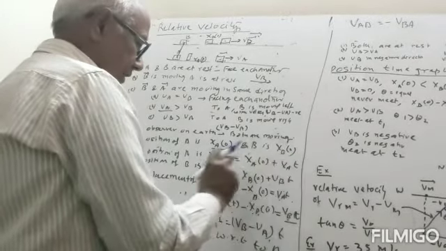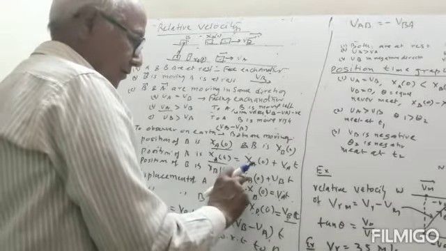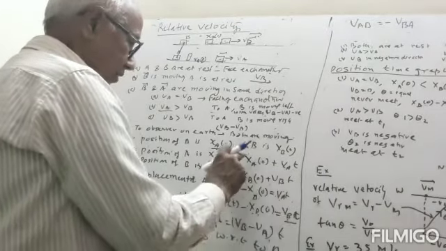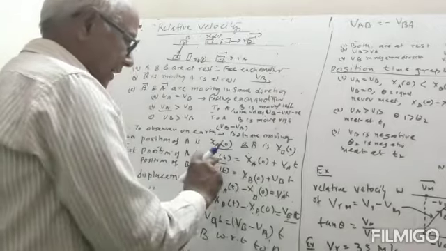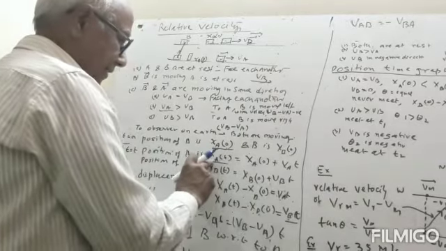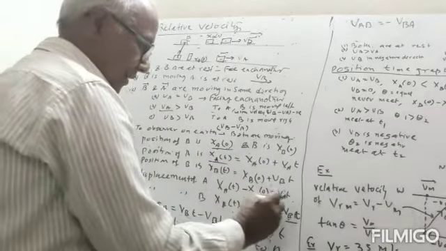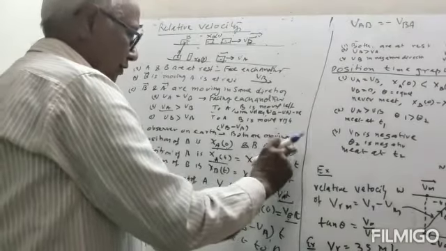Similarly, xbt will be equal to xb0 plus VB into t. Now the displacement of A, SA, is xat minus xa0, which will be equal to VA into t.